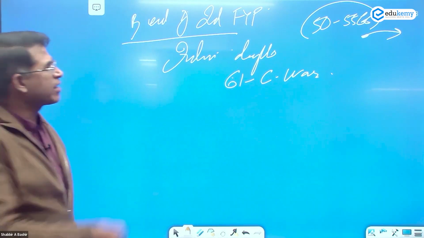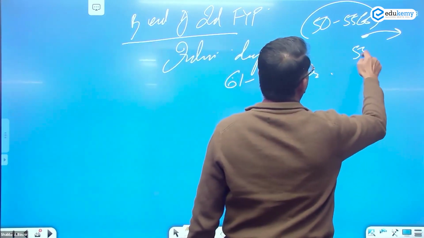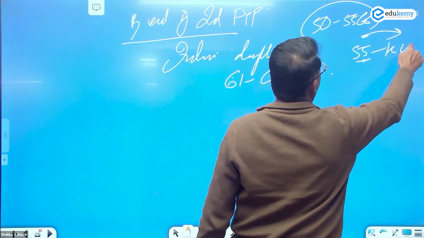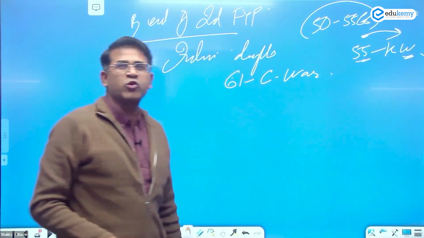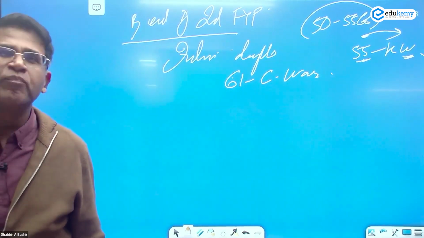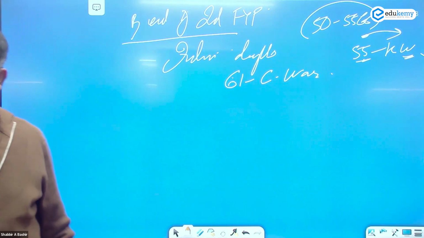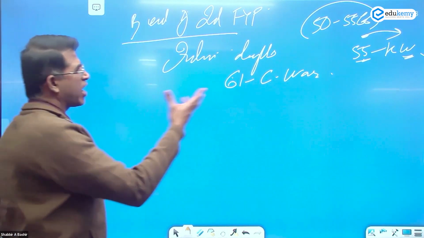In fact, 55 was also the Korean War, which could become a world war again. ठीक है? Droughts, China war.